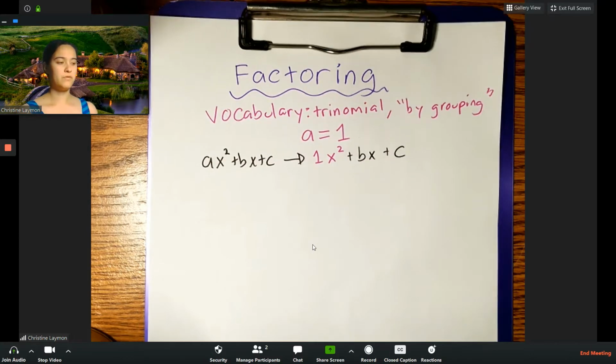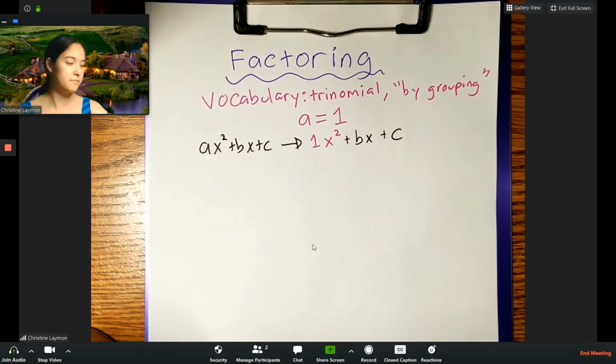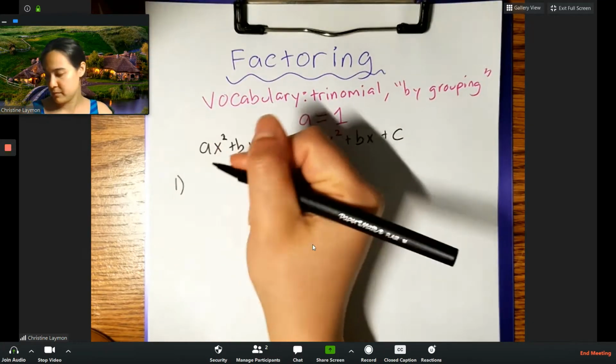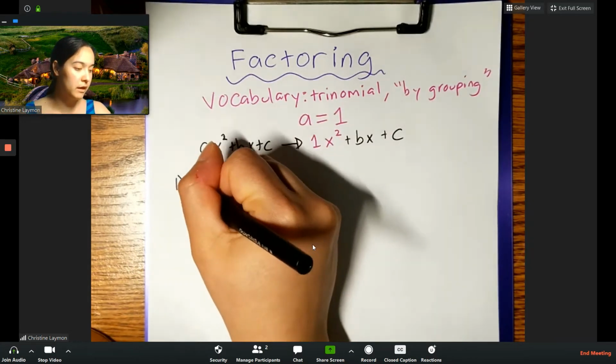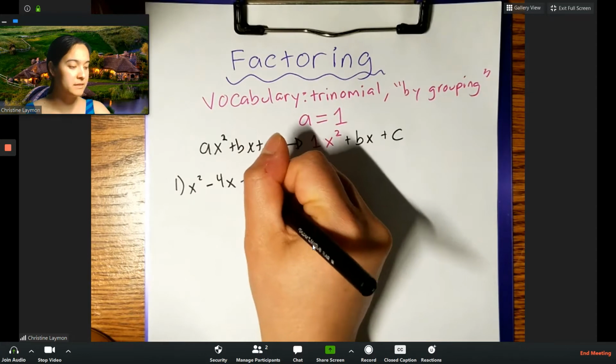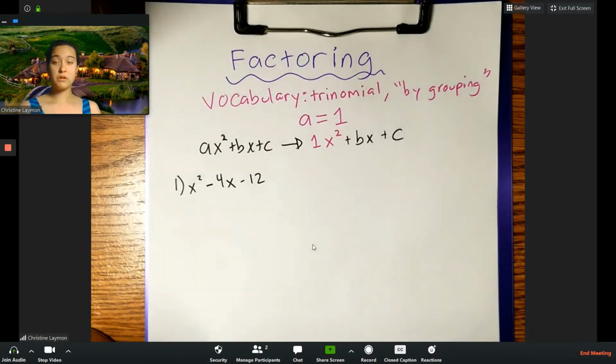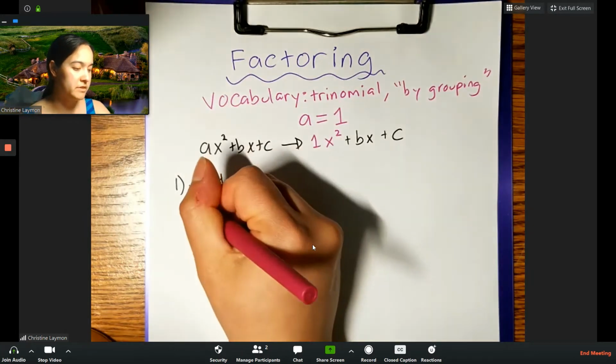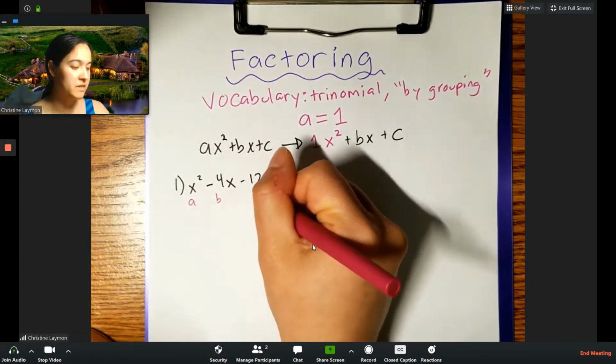So for the first question we're going to look at, number 1 here, we're going to do x squared minus 4x minus 12. And we're going to begin it the same way we did the last set. Our job is to find two numbers that multiply to get a times c and sum to get us b. Remember that this is a, this is b, this is c.